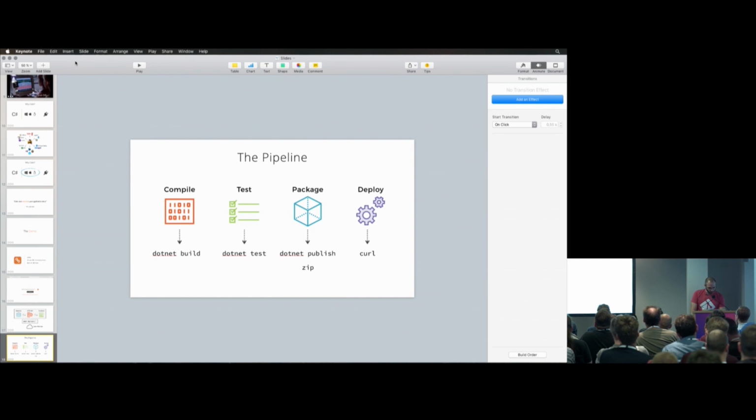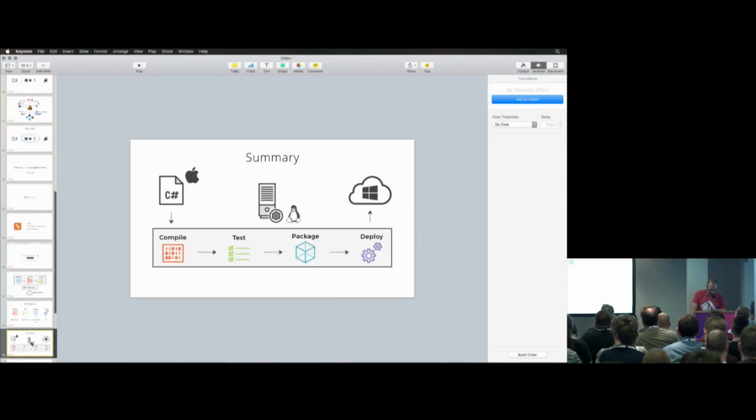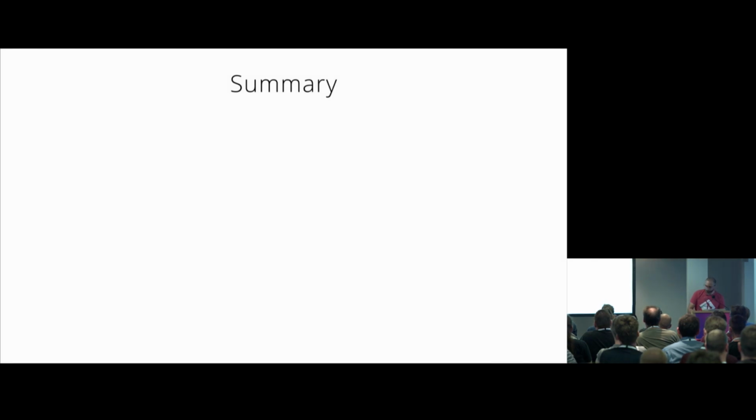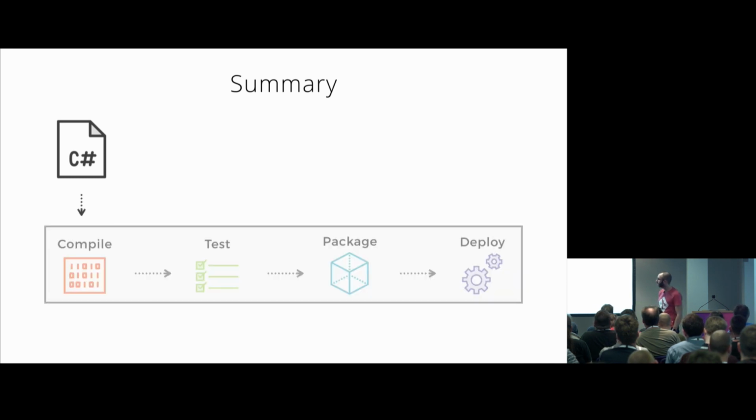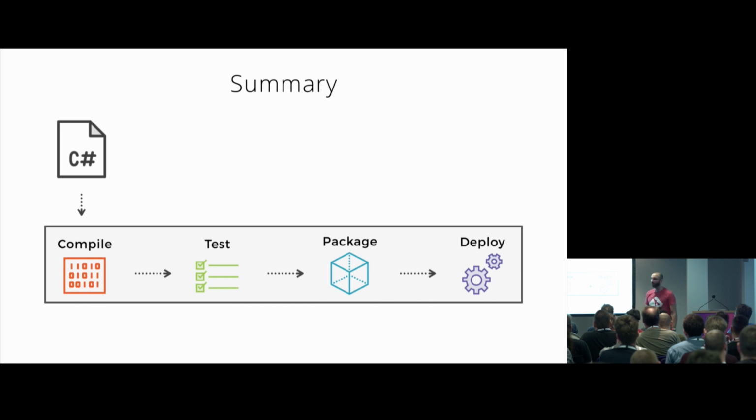What did we do? Well, let's not go to that slide again. Let's just sum things up. What did we do for 1 hour? We took the source code of our application written on .NET Core with C#. We ran it through a pipeline of compilation, test, packaging, and deploy.